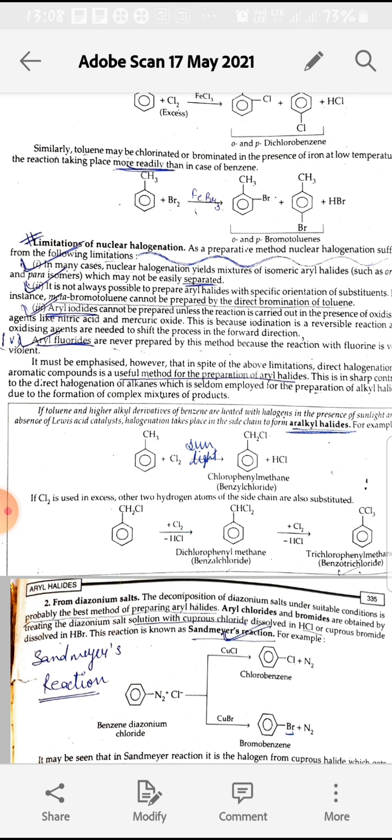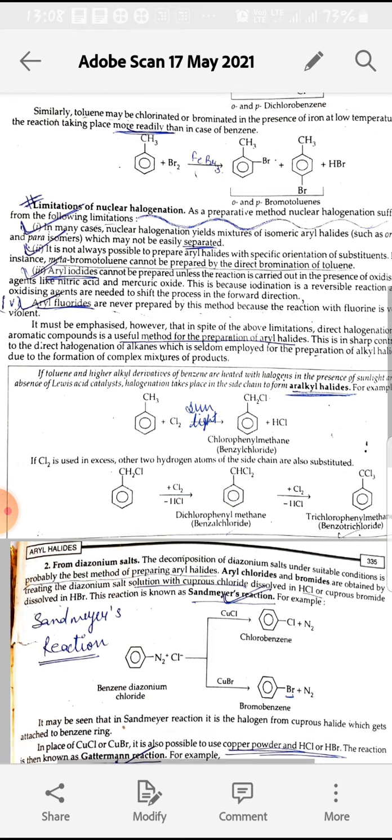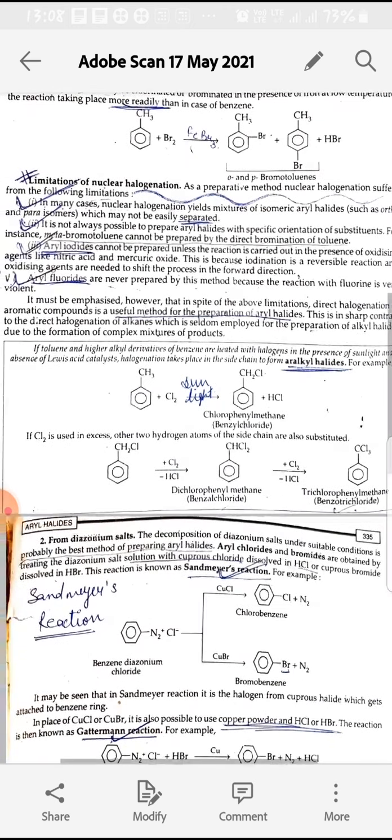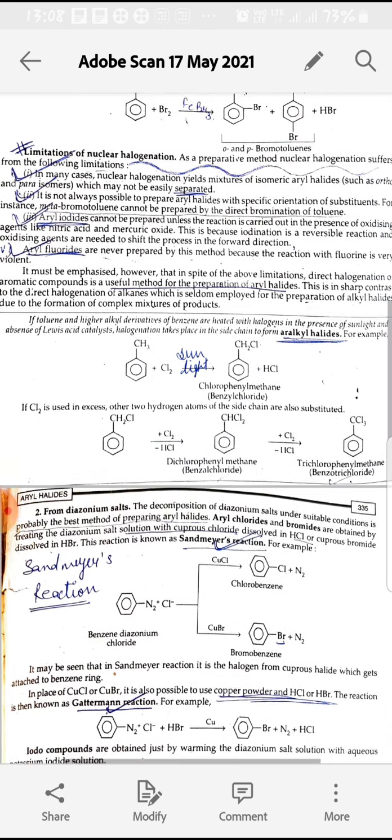Otherwise there will be removal of I2 from the aryl iodide, and the process will be reversible. So to prevent the reversible process, we have to add oxidizing agents. Next, aryl fluorides are never prepared by this method because reaction with fluorine is very violent. So all these are the limitations of nuclear halogenation.